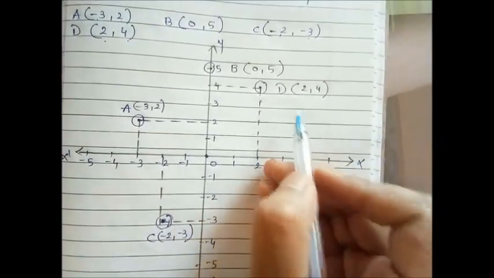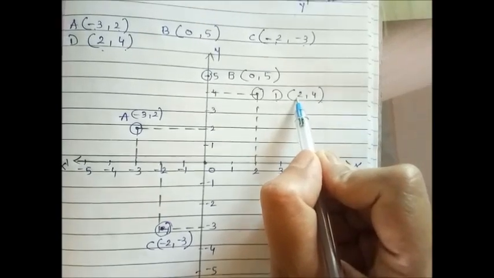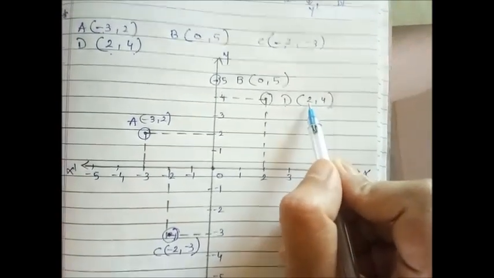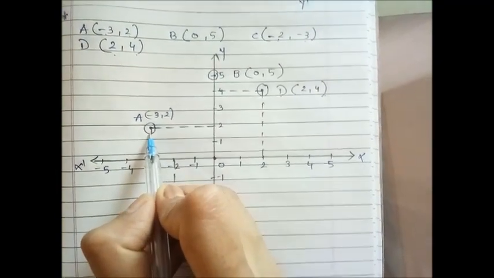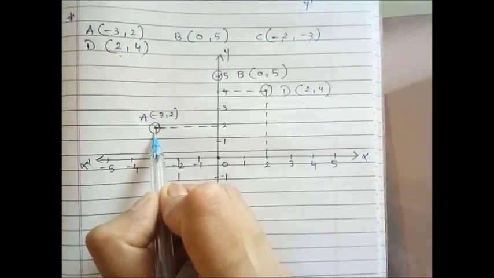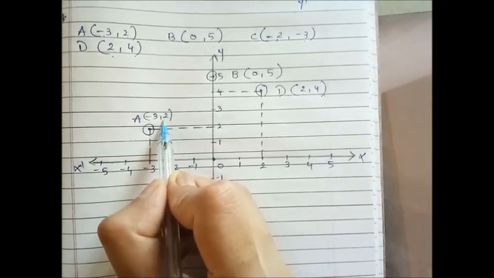If I say what is the abscissa for point D, abscissa means x coordinate, that means for point D the abscissa is 2. If I say what is the ordinate for point A, ordinate means y coordinate, that means for A the y coordinate is 2, so the answer will be 2.